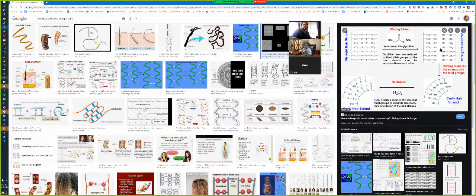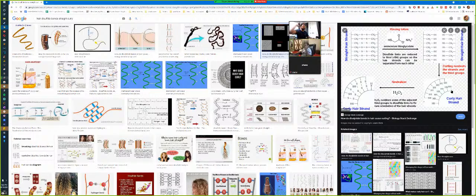And then you break them, and I suppose you reorient the strands like this. All right, I get it. So basically, you break the disulfide bonds, and then you orient it like this if you want to curl it.